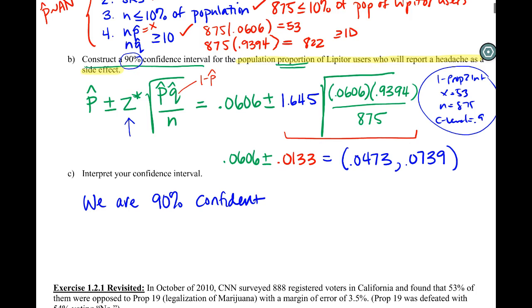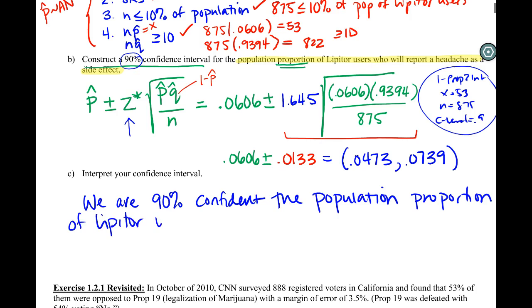So we're going to say we're 90% confident that the population, and I could write true population like we had in our little sentence last time, but like I said, you can always just use this. Proportion of Lipitor users who will report a headache as a side effect.